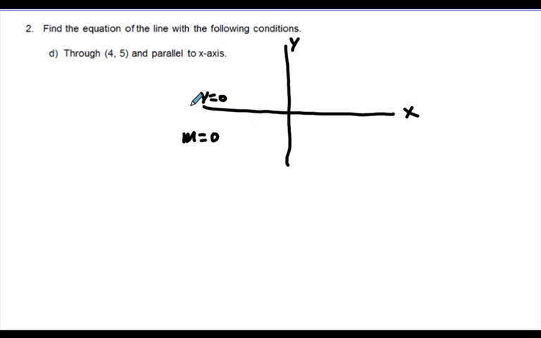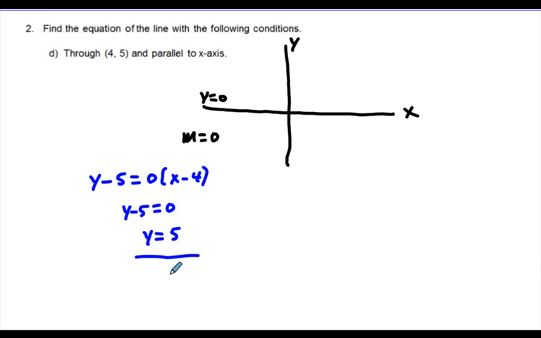So if we use point-slope form, we'll have y minus y1, which is 5, equals m, well, m is 0, times x minus 4. What we're going to have here is y minus 5 is equal to 0. So y equals 5 is going to be our equation of that line.